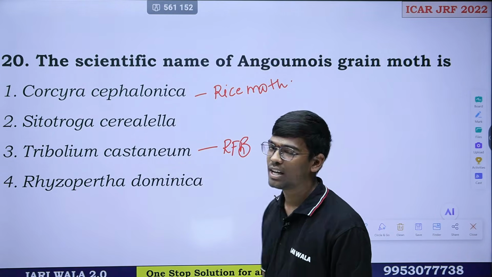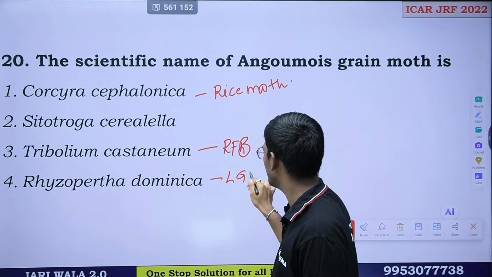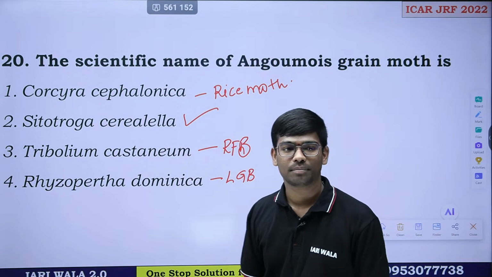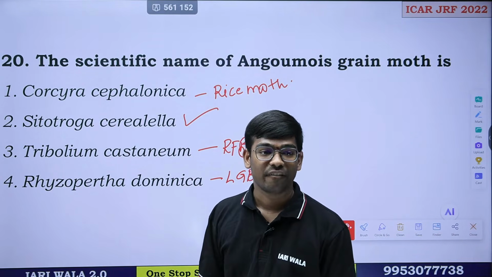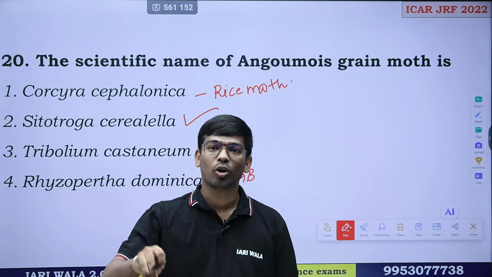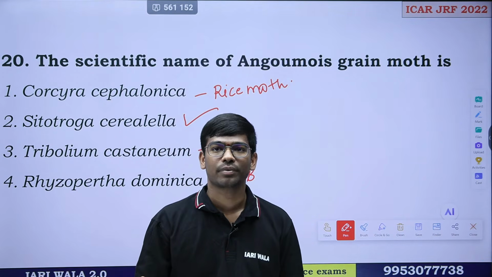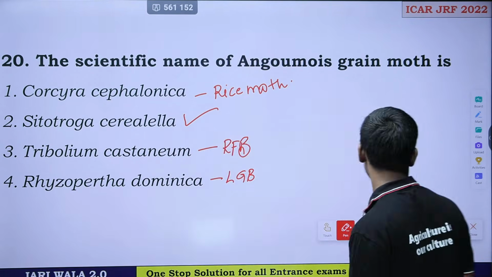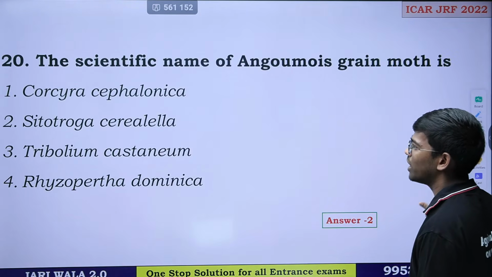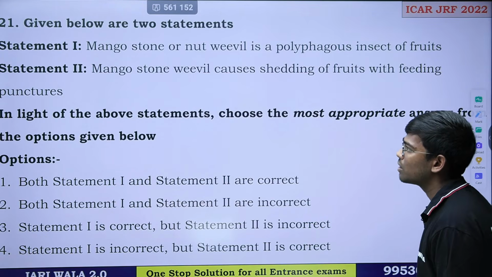Rhyzopertha dominica, lesser grain borer, LGB. So our answer is Sitotroga cerealella, which attacks the sorghum crop or other cereal crops in both field condition and storage condition too. That thing we should know here. Very easy questions they have given, not complex questions from the pest portion.